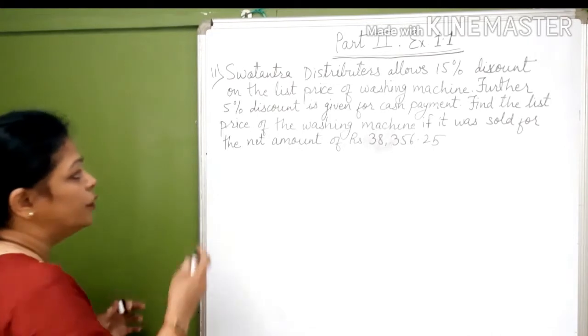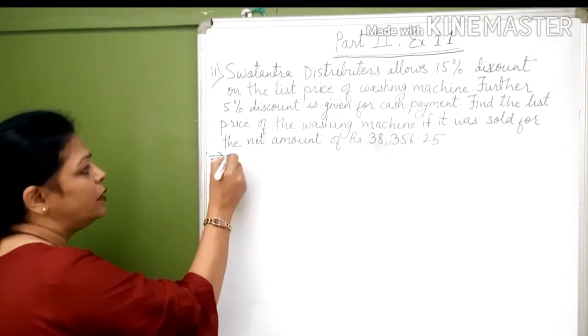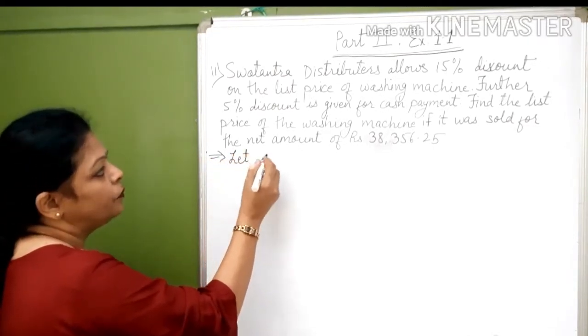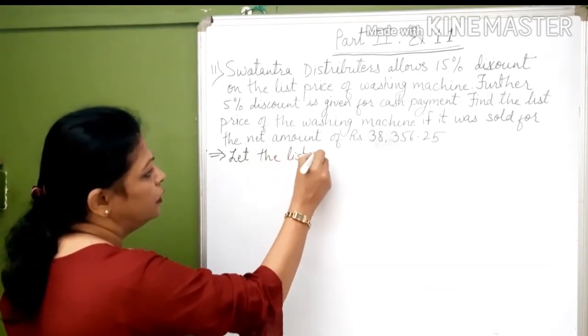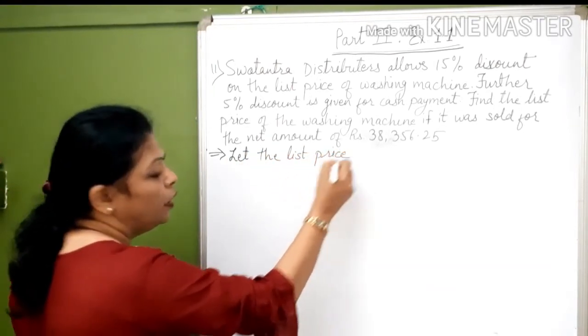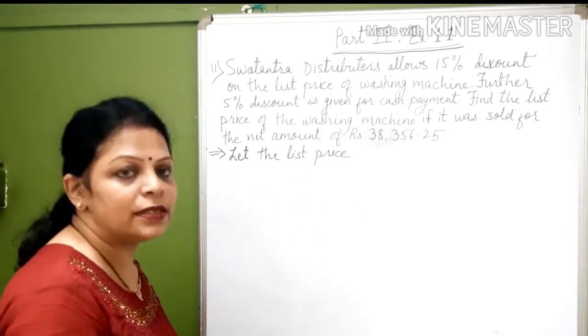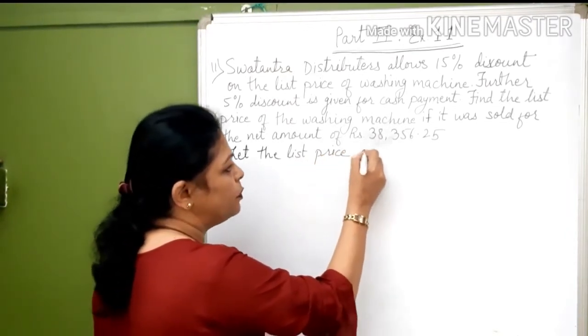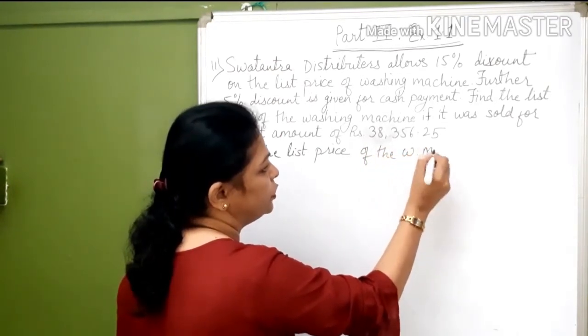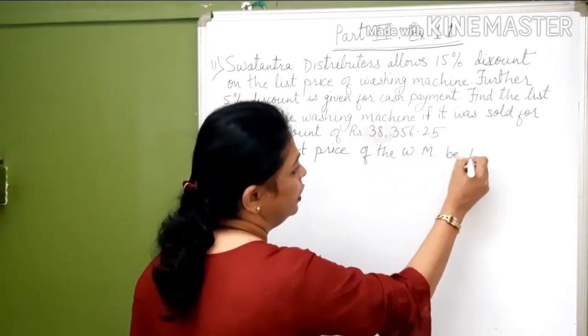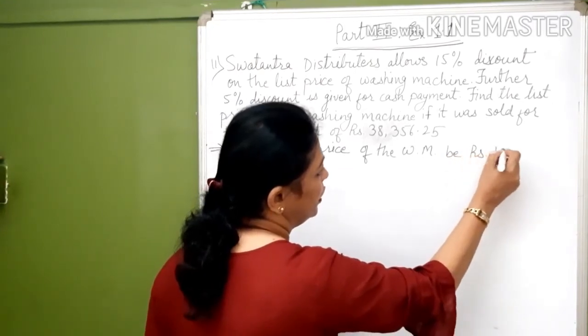So what we will do is, we will say let the list price of the washing machine, let us write in short, be rupees 100.